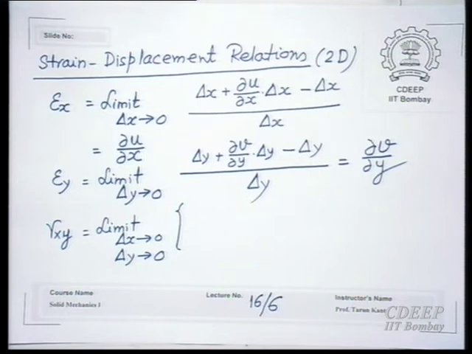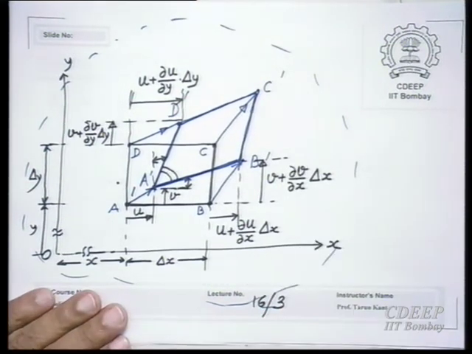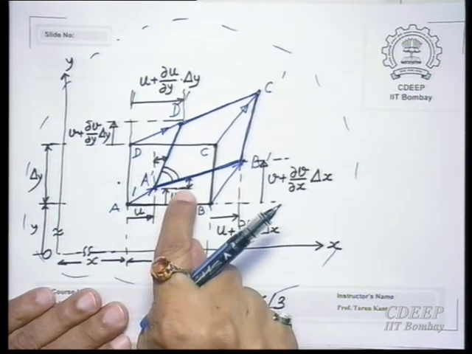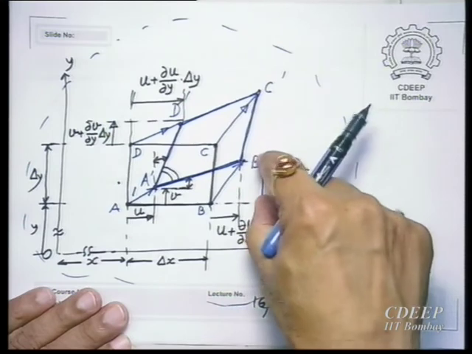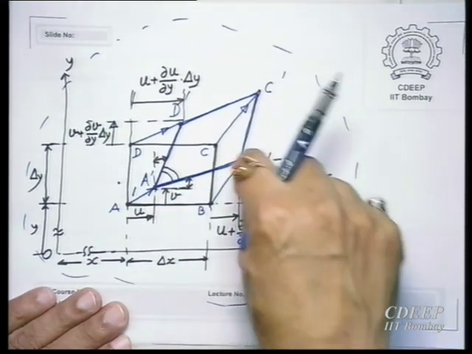You have to refer to the diagram here. I think I can find out directly. This angle is how much? This is the total minus v.